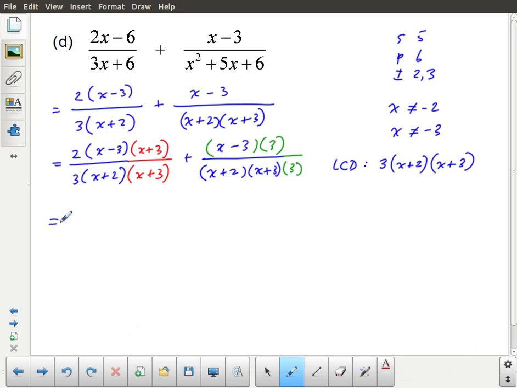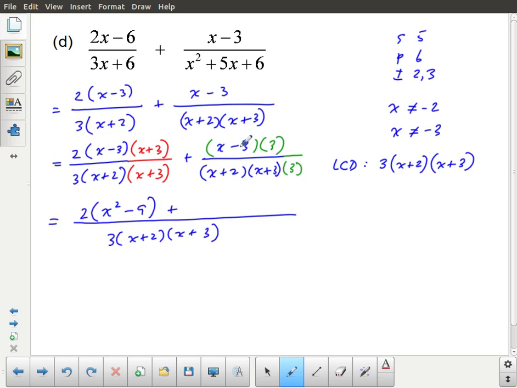So that is going to be equal to, I might want to do this in a couple of steps. First of all, my overall denominator is 3 times x plus 2 times x plus 3. And my numerator is going to be 2, and then I'm going to expand out this set of brackets. But this is x minus 3 times x plus 3, which is a difference of squares. That's x squared minus 9.